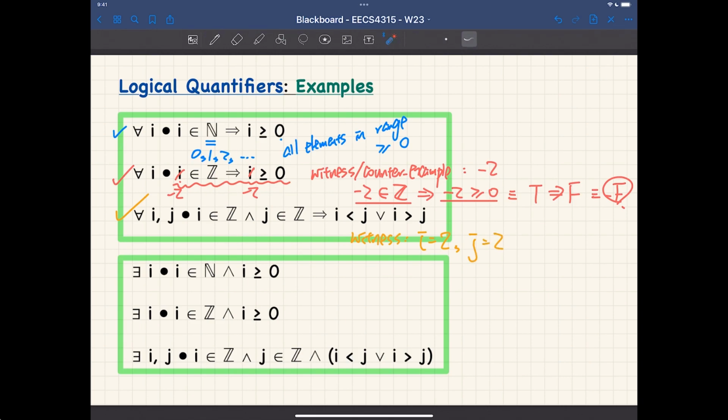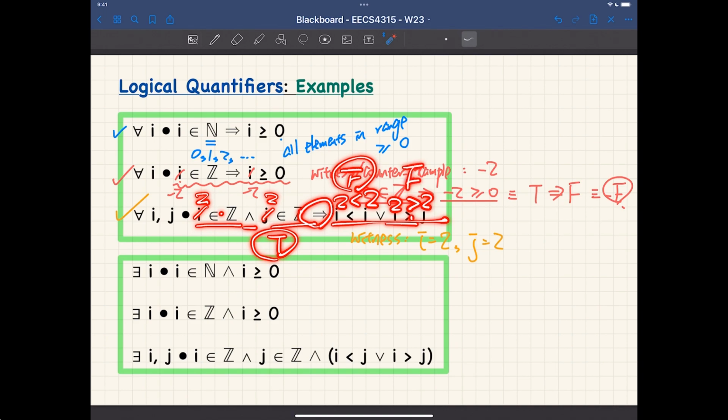And for this one, you can definitely try to substitute. 2 is a member of integer, and 2 is also a member of integer. True and true is going to give you true for the antecedent. Implies 2 less than itself is false. 2 larger than itself is also false. False or false will be false. In that case, you got true implies false.